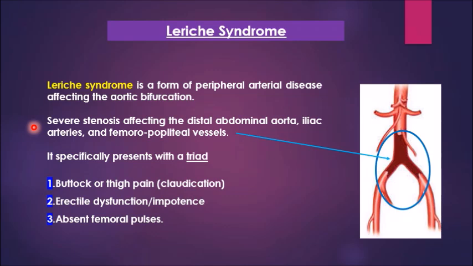It presents with a triad of symptoms: pain in the buttocks or thigh, which is claudication pain, erectile dysfunction or impotence, and absence of femoral pulse. Here you can see the obstruction.